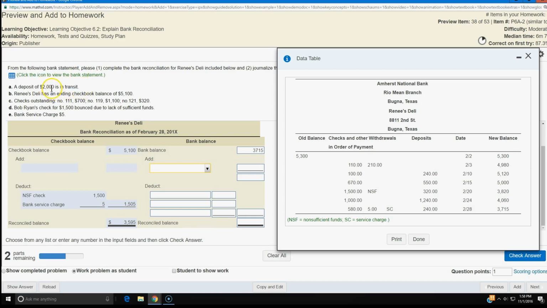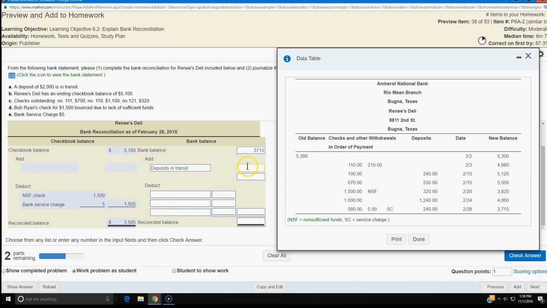So that 2,000 was included in this 5,100, but not included in the 3,715. And that is why we have to add in order to reconcile the deposit in transit.